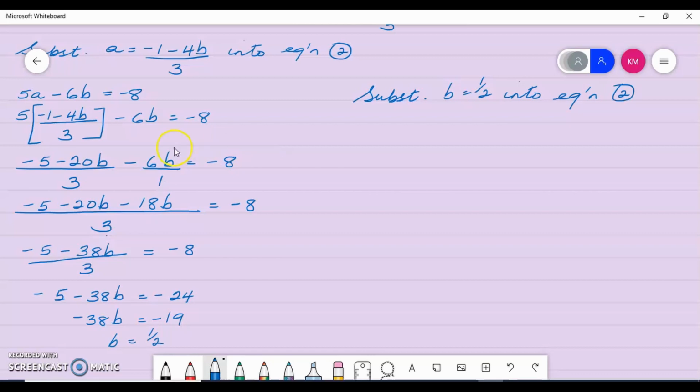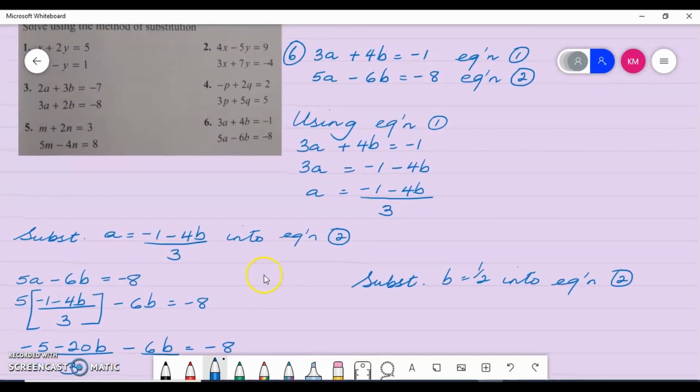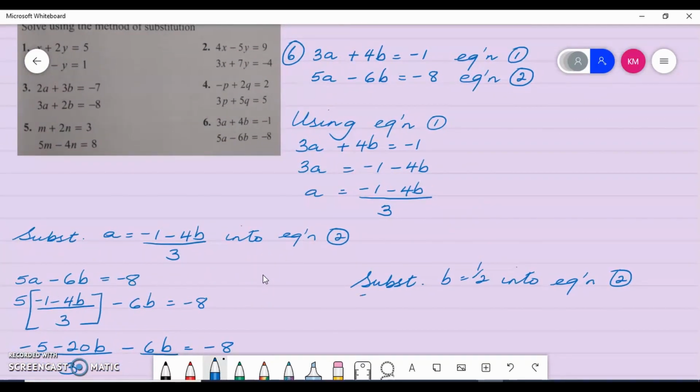And my equation 2 was 5a take away 6b is negative 8. So I have 5a take away 6 by a half is going to give me negative 8.